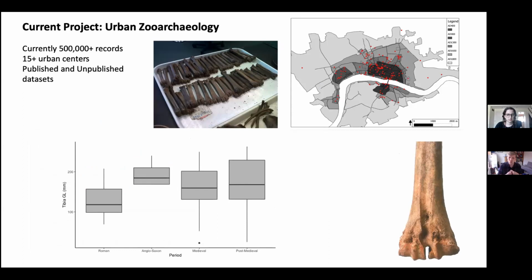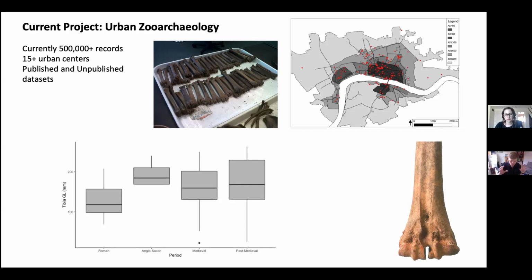I've got to say, I'm not one of these people that has had a very productive lockdown. So 2 years is about right for it to be out. And for this, I'm looking at synthesizing data from 15 plus urban centres in Northern Europe, using published and unpublished data sources.